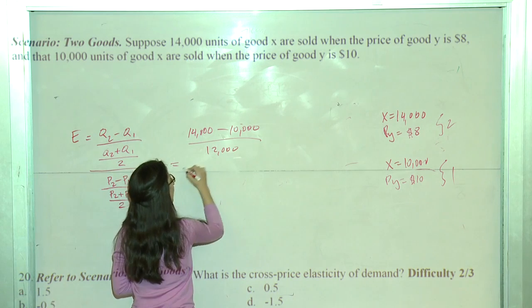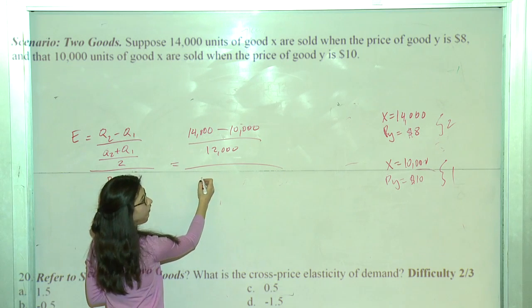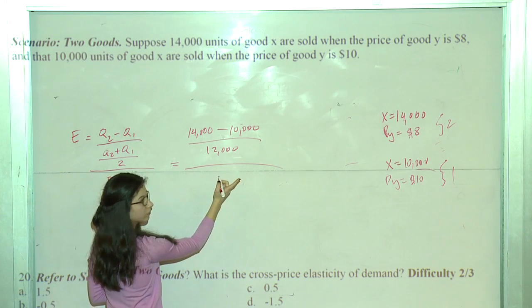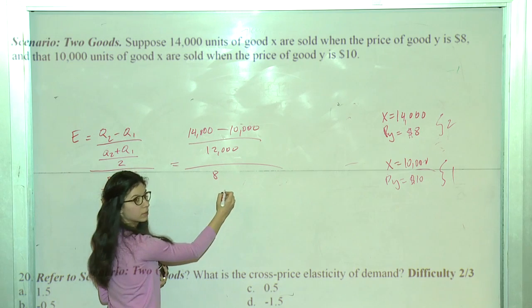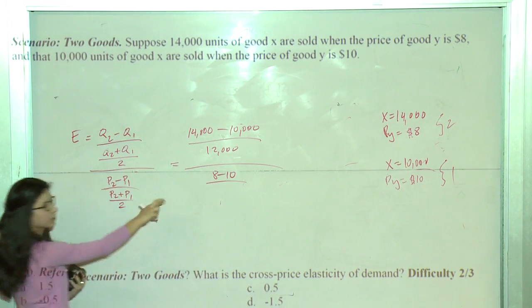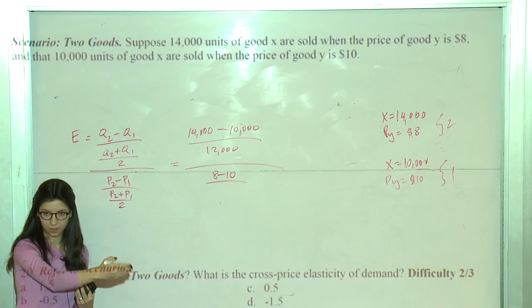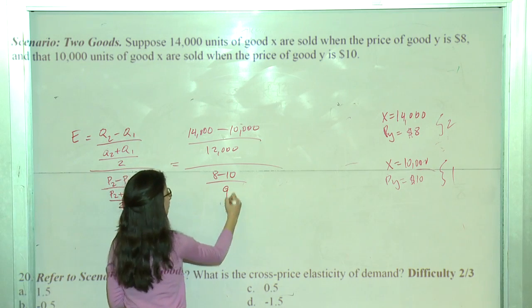Excellent. And we're dividing that by the change in the price, P2 minus P1, where P2 is 8 minus 10, divided by the midpoint. So 8 plus 10, 18 divided by 2, which is 9.